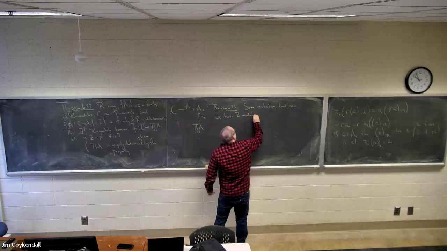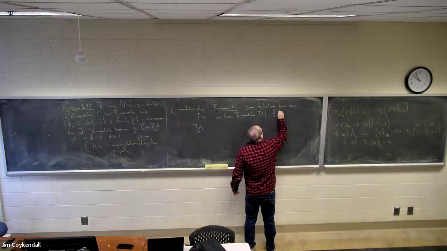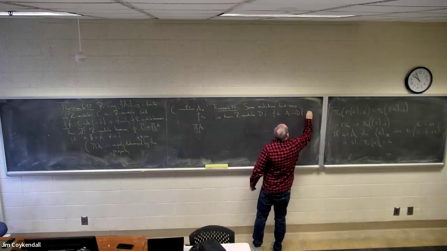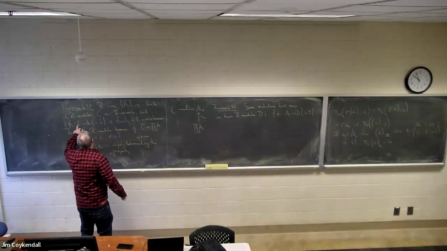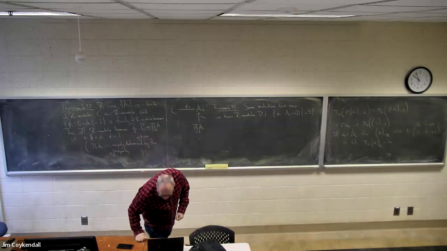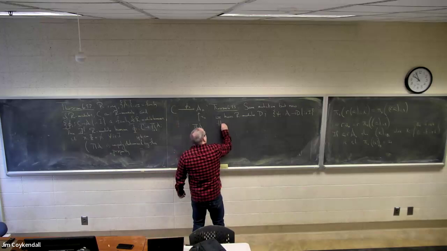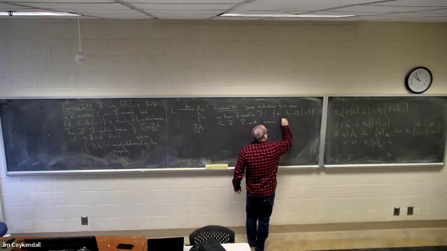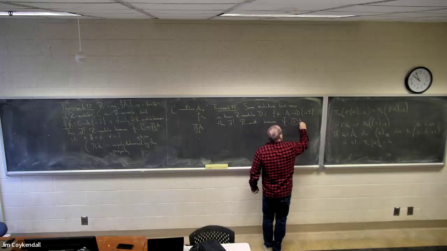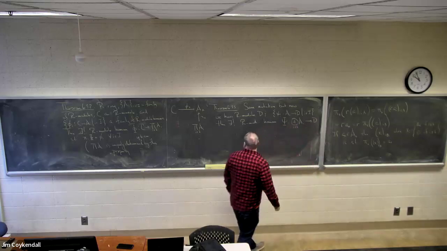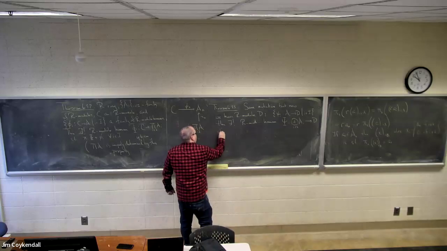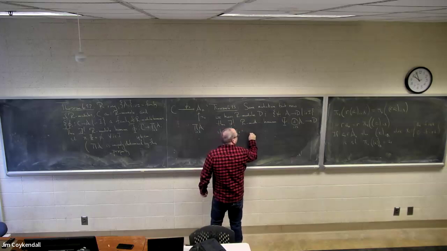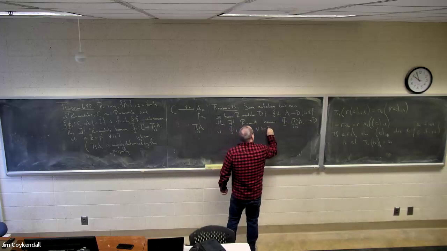R module D and a family of homomorphisms PI from AI into D. So now instead of going from C into the components, we're going from the components into D. Then there exists a unique R module homomorphism, capital psi, from the direct sum of AI into D, such that the diagram commutes, that is, psi composed with the inclusion EK is equal to PK, for K in the index set.